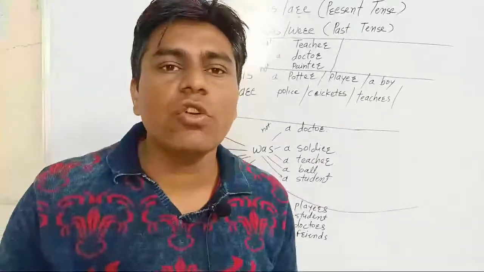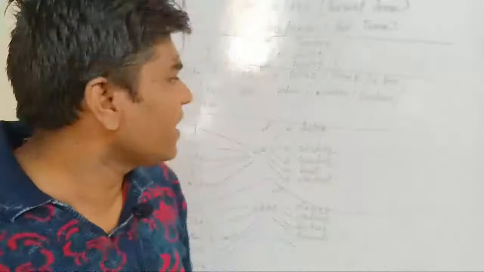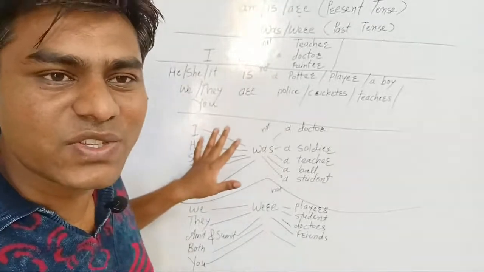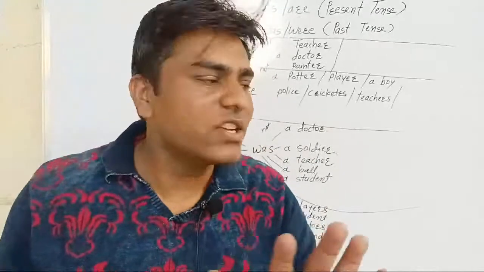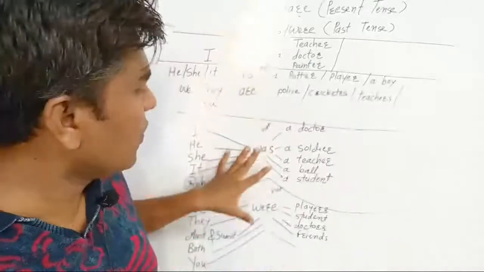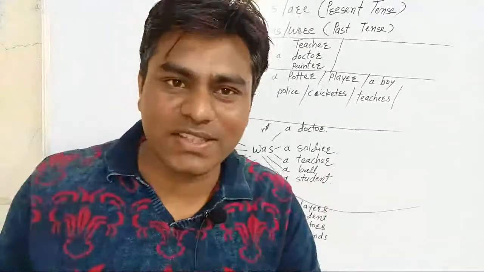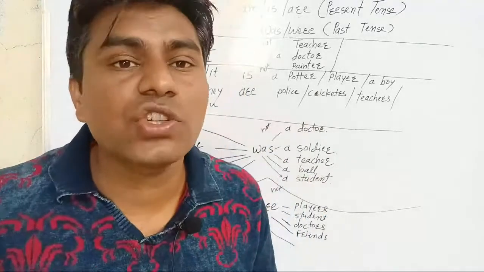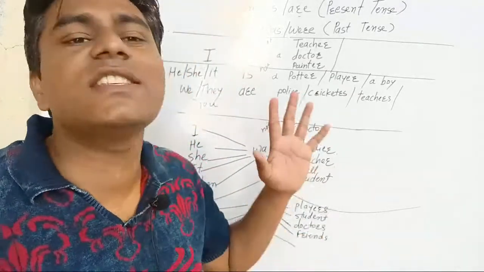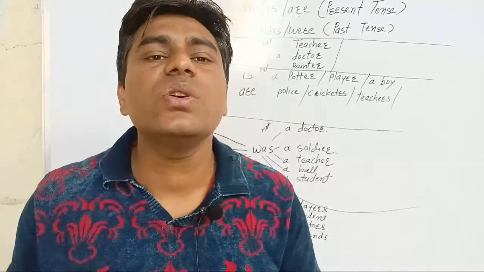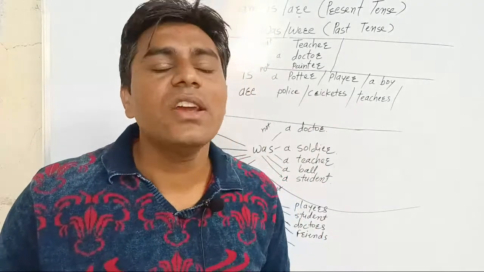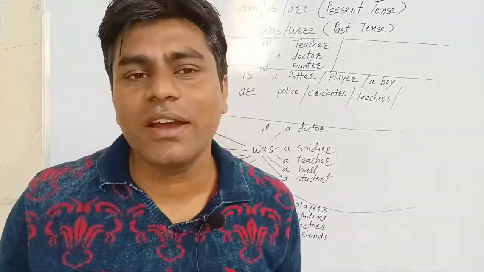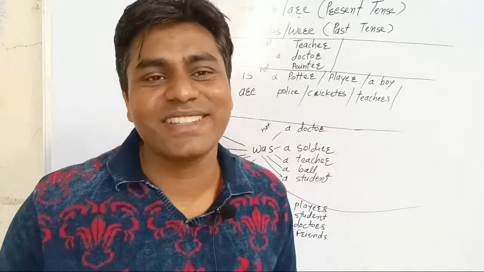Getting? So your work is, you have to make at least 100 sentences. 50 sentences of present, 50 sentences of past. These 100 positive sentences, and then you have to transform them into negative form. Then all the sentences will become 200 sentences.